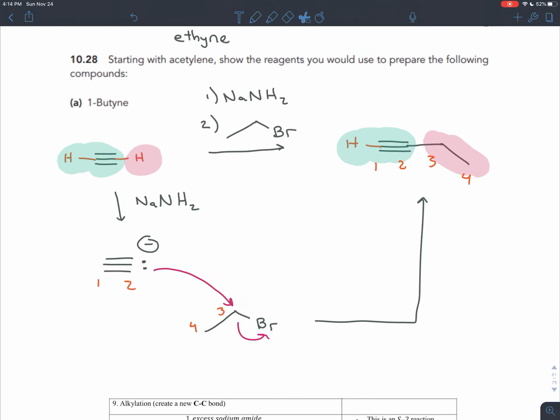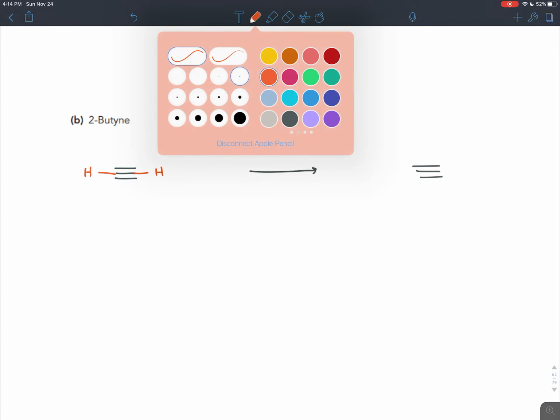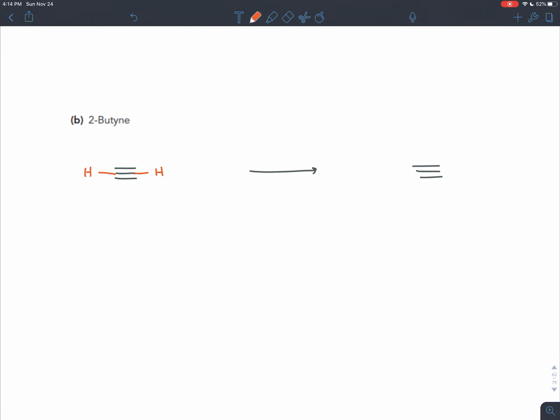Okay, so we're going to take this acetylene again, and we're going to do more reactions with it. We just saw how to turn it into 1-butyne. How could we turn that into 2-butyne? So 2-butyne, draw the triple bond first. Because it's starting on carbon number 2, this will be 2 and it'll go to 3.